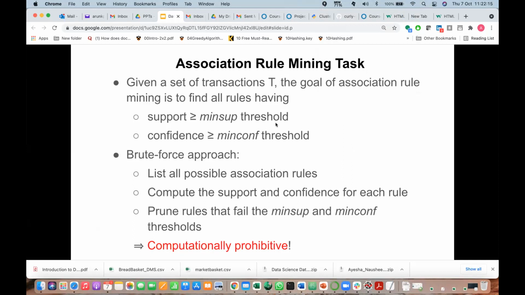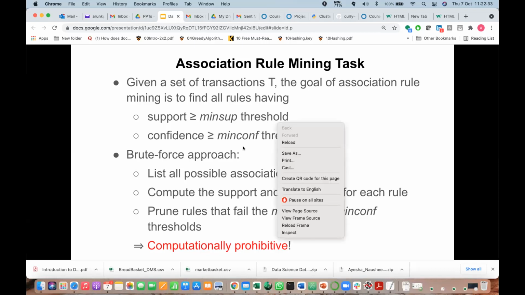It depends on what problem you are taking, what domain you are taking, and how important it is to extract that rule. If somebody is going to take decisions based on the rule, then they may require more support and more confidence.